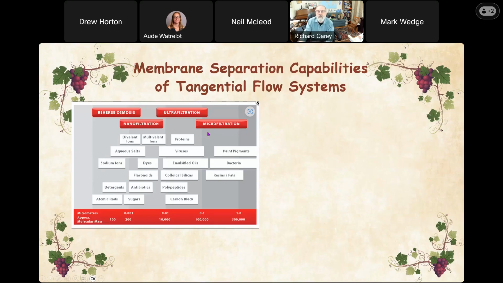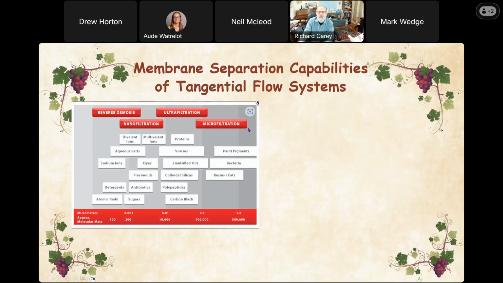crossflow filtration and the different types of crossflow filtration used: micro, ultrafiltration, nanofiltration, and reverse osmosis. We're most familiar with reverse osmosis in the wine industry because it can be used to remove vinegar out of the wine. Nanofiltration gets into a molecular sieve level, and ultrafiltration is where you can start doing molecular sieves of different kinds of particles if you wanted to try to remove them from something.